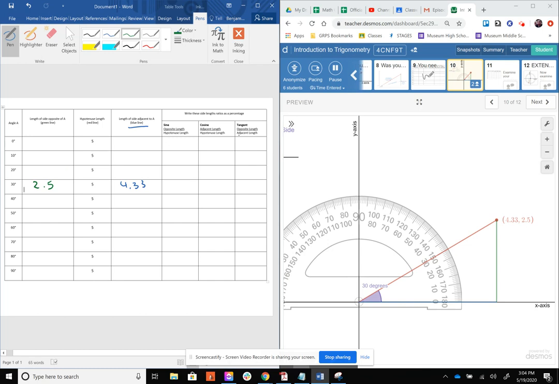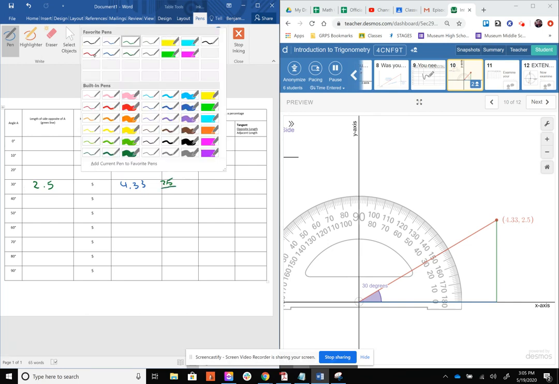So I can figure out what the specific trigonometric ratios are. If you watch those intro videos, you'll notice that sine is the opposite length divided by the hypotenuse. So if my measurement is 30 degrees, my opposite length here is this green, 2.5, and it's over my hypotenuse length, which is 5.